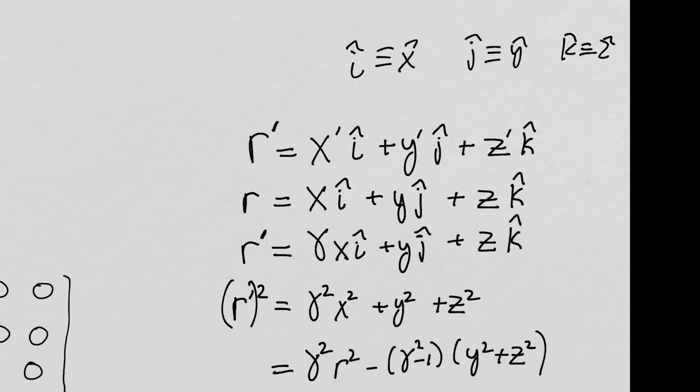So R prime is simply expressed as x prime i, y prime j, z prime k. And R is expressed as x i, y j, z k, right? So the field point vector in both frames. I guess if I wanted to be correct, I should put little vectors on these things.